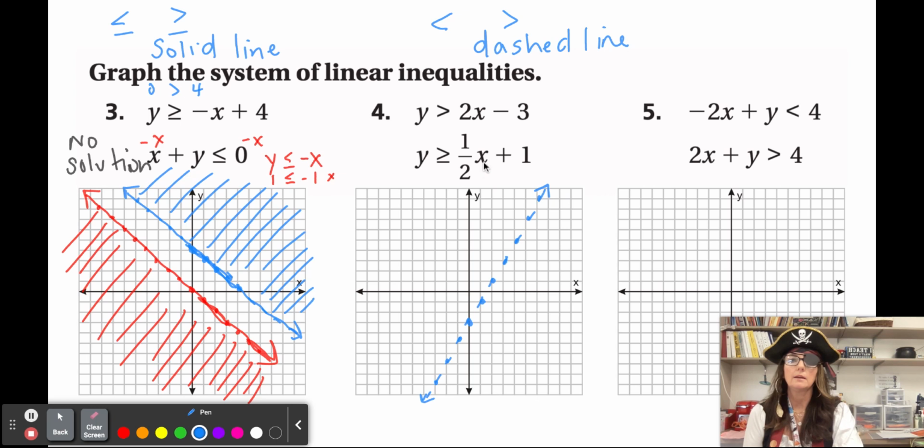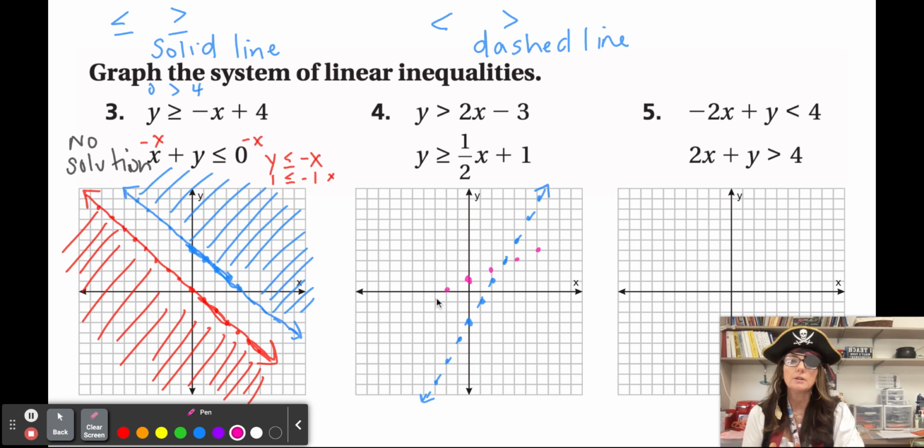And then I will switch colors here. Let's do pink this time because it's fun. I'll start at positive 1, and I'm up 1 over 2, 1 over 2, 1 over 2. Okay, down 1, back 2.